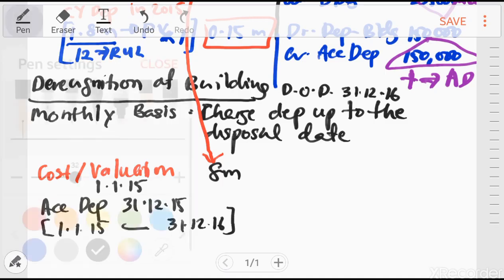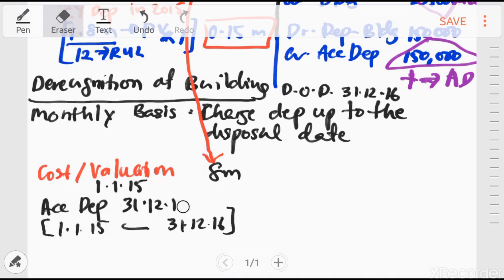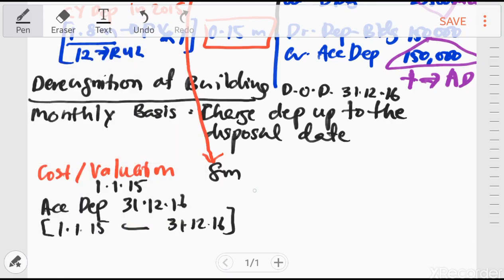I'm sorry, the derecognition took place on 31st of December 16. Okay. So that is for 2 years. So if you calculate, that would be again 1.8 million divided by RUL 12 times 2 years, right? And that one will give you 0.3 million.